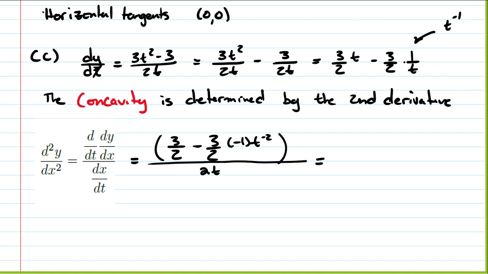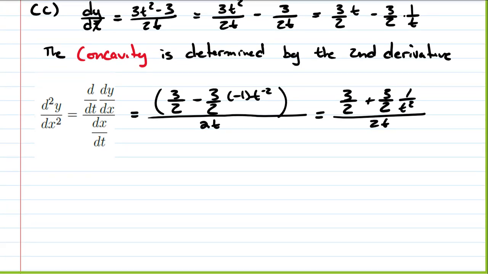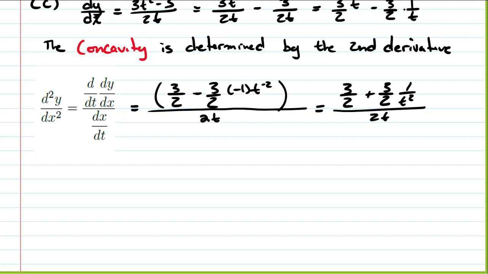So cleaning this up a little bit, we have 3/2, minus minus makes it plus, 3/2, and then t to the negative 2 is 1 over t squared, times 2t. All right, let's keep cleaning that up.